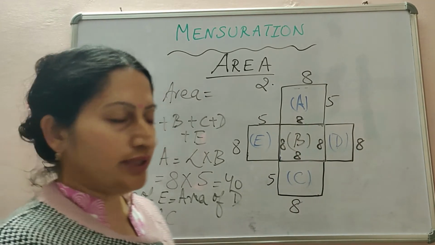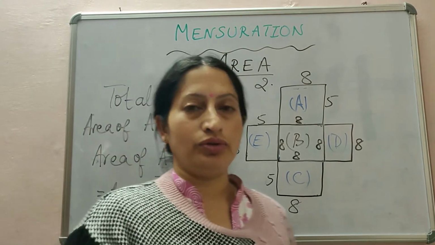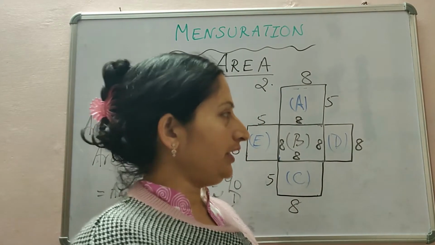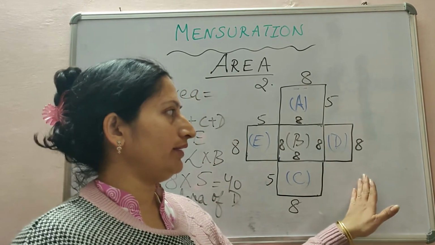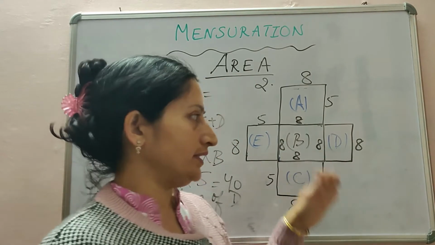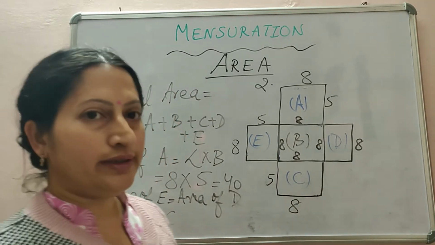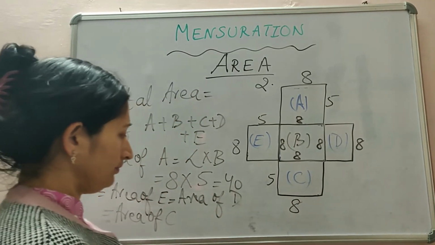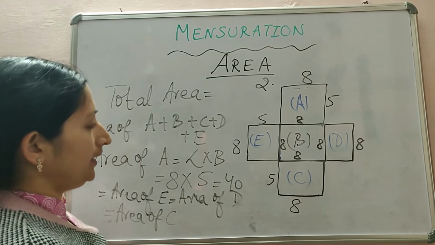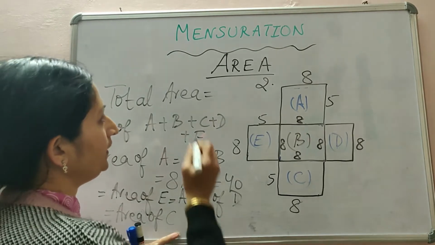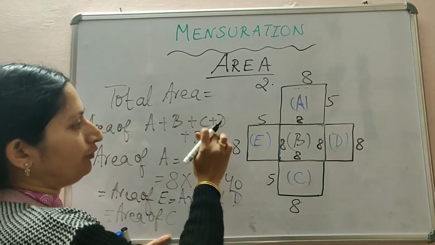Here I am saying units because the SI units are not provided to you in this figure. But if in your question it is provided, then you will say in terms of meter or centimeter, whatever it is. So let's go further in our question. We will have the area of these figures, all are 40. So in the total area, we will have 4 times 40.